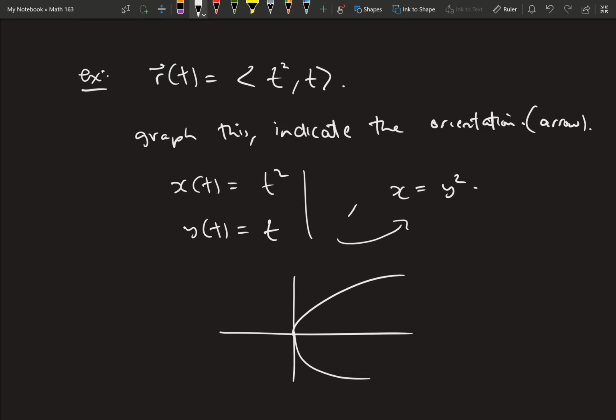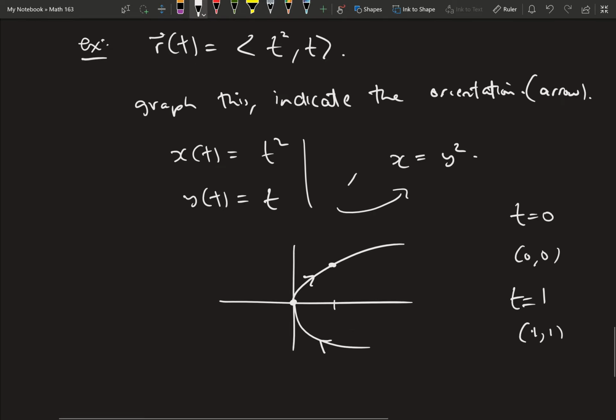Now the question is, how does the arrow point? Well, when t is 0, we're at 0, 0. When t is 1, we are at the point 1, 1. So we're going in this direction. Okay, so this is an example of a curve.